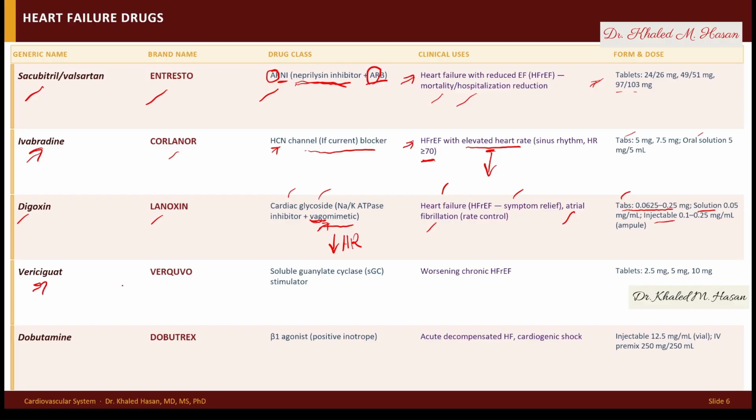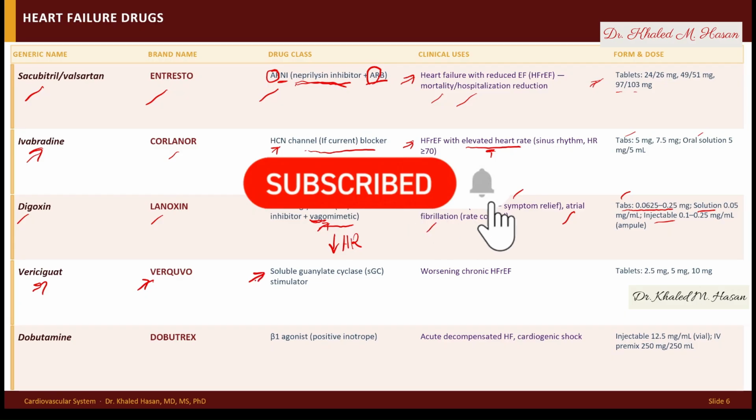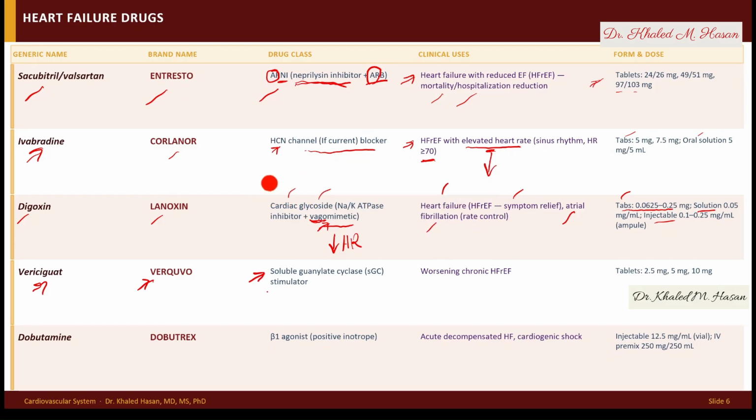Vericiguat, brand name Verquvo, is available. This medication stimulates guanylate cyclase. We can use vericiguat for someone suffering from worsening symptoms of chronic HFrEF. Dobutamine, brand name Dobutrex.